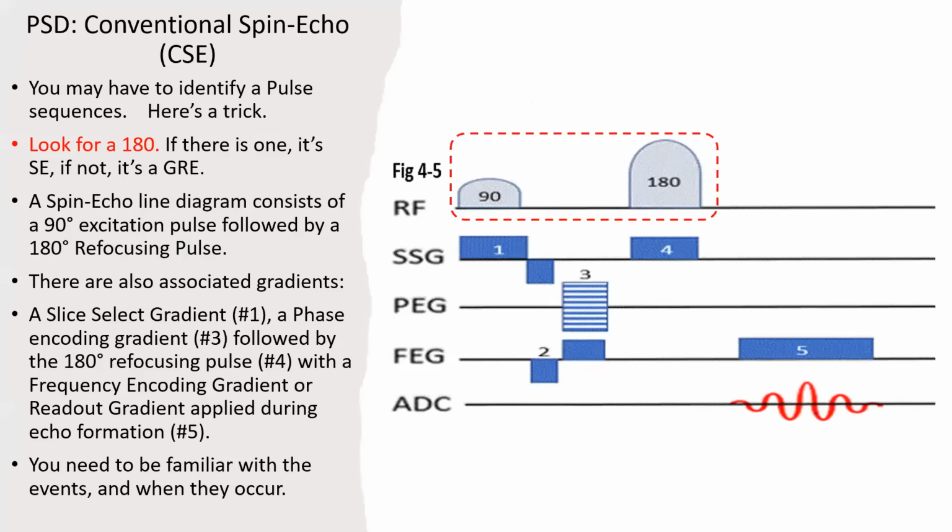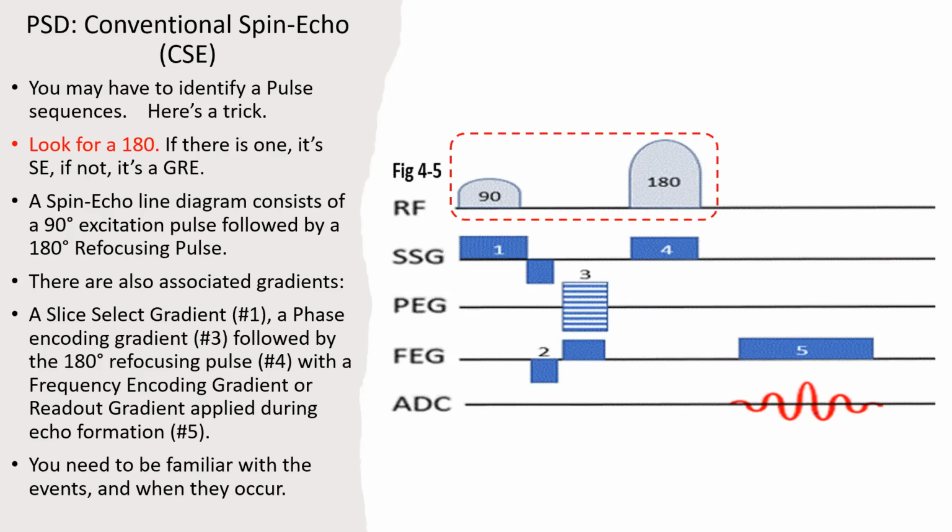So one registry question might be, they'll just show you this line diagram or this pulse sequence design and say, what sequence is that? And you would say, don't say T1 or T2 or whatever, because you don't have TRs and TEs to back that up. But if you see a 90 and a 180, ding, ding, ding, it is spin echo based.